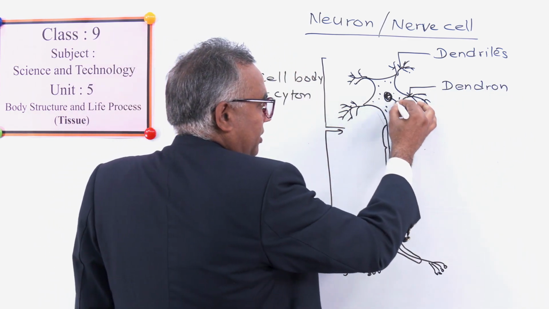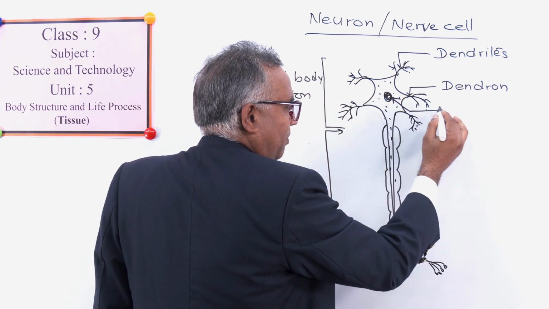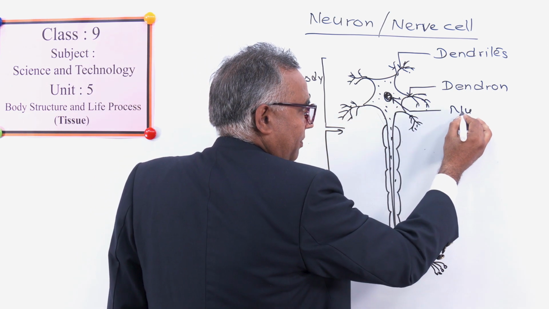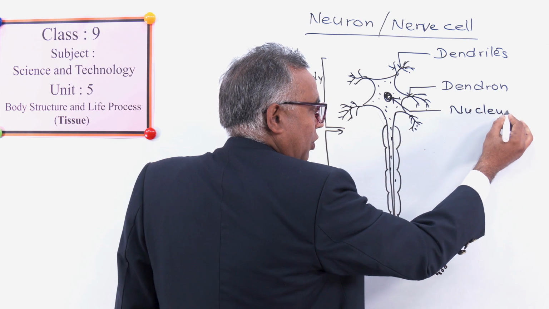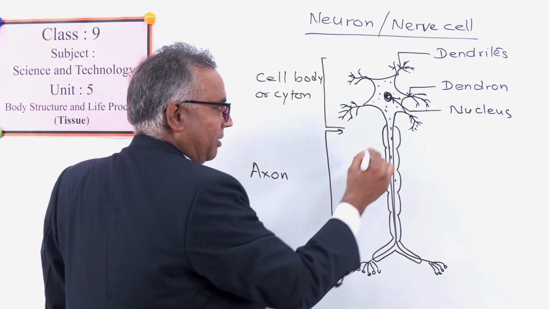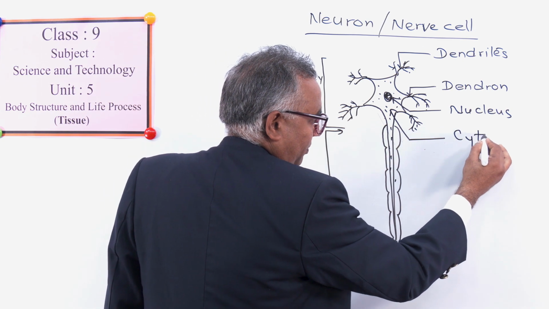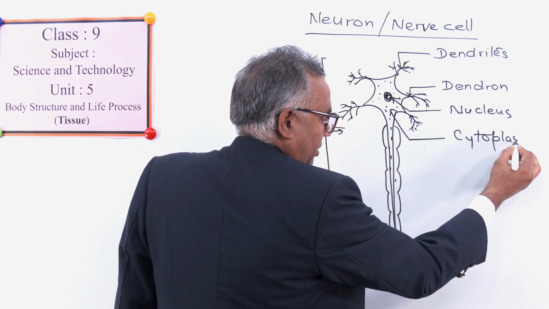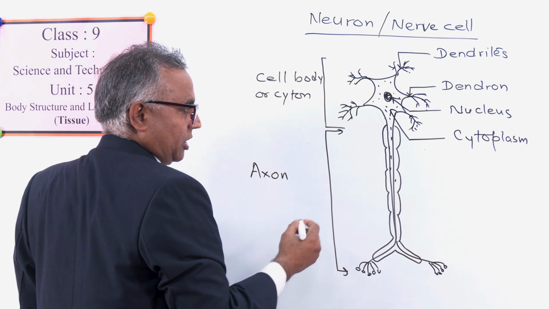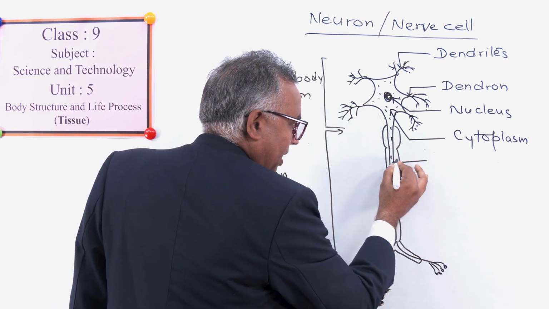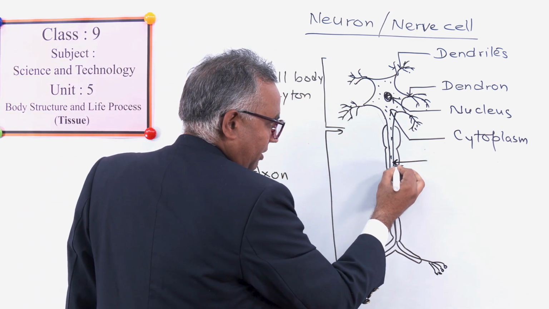That is the nucleus. All of them are part of the cell body. Don't cross arrows while sketching the diagram. That is cytoplasm. These terms you have done in the structure of the cell. Here mainly the axon is this region.